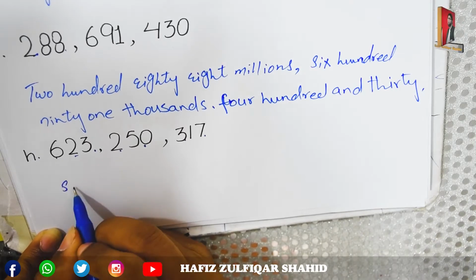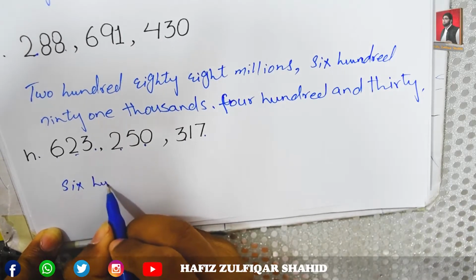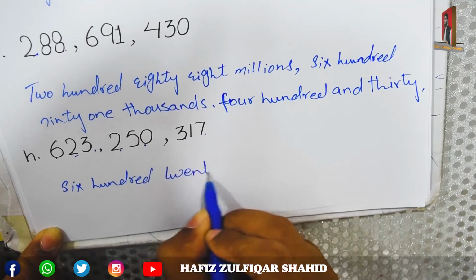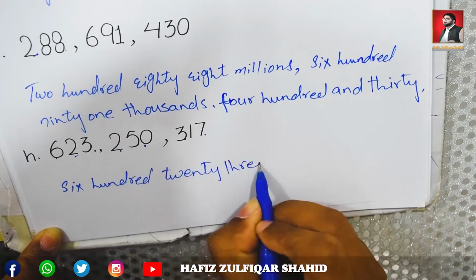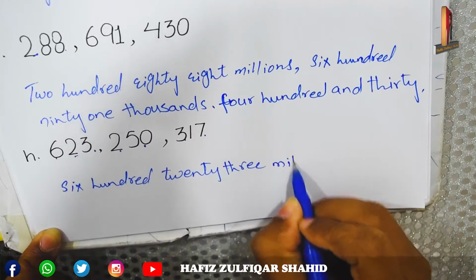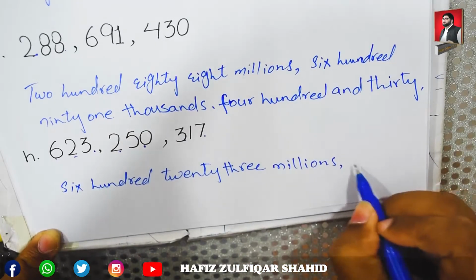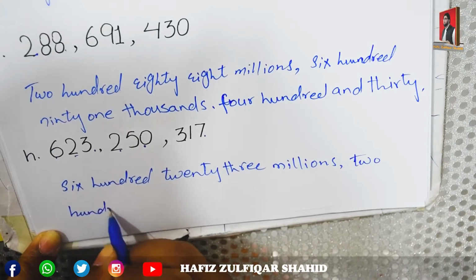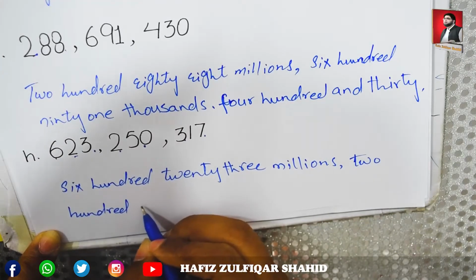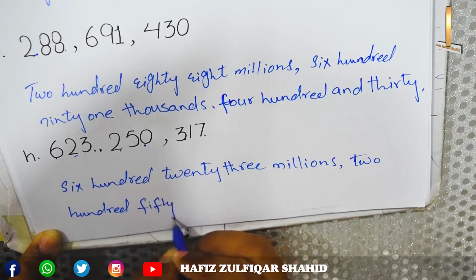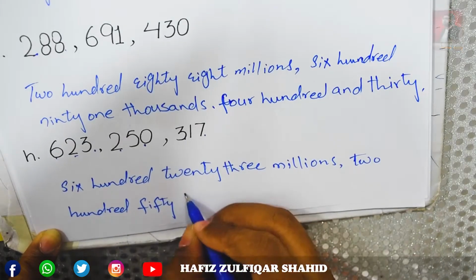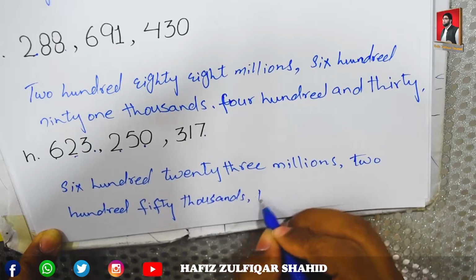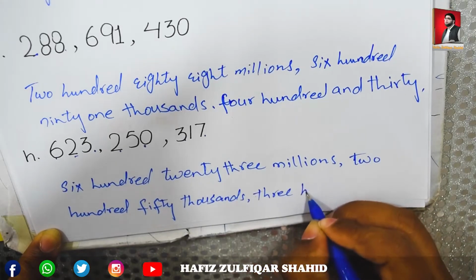But we have to write 600 and 23 million, 200 and 50,000, 317.